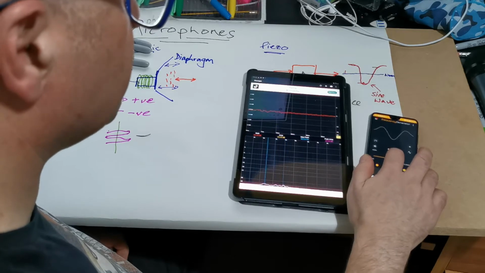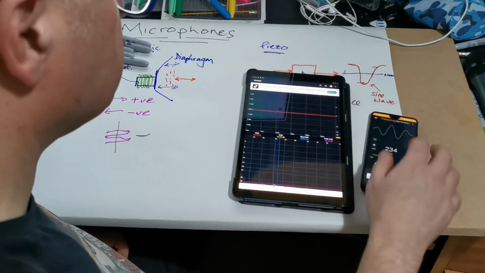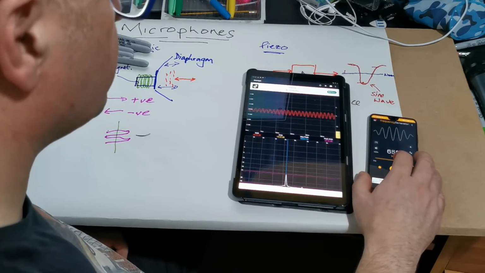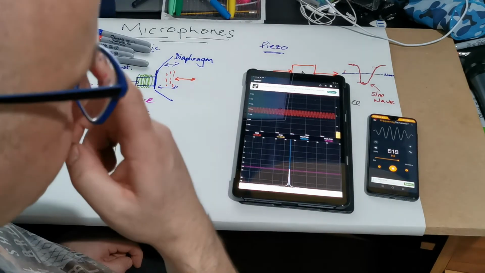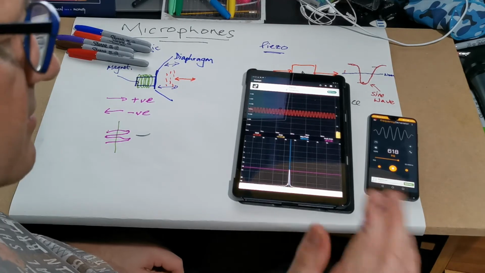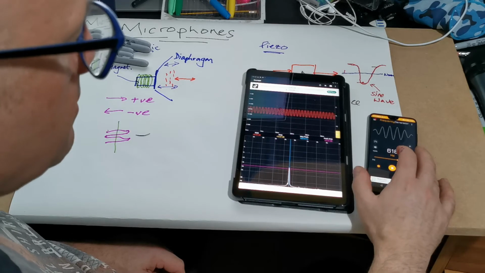Let's progress it up a bit quicker. You can see a slight alteration in the wave there now. And there you can see a nice even pitch at 618 Hertz.